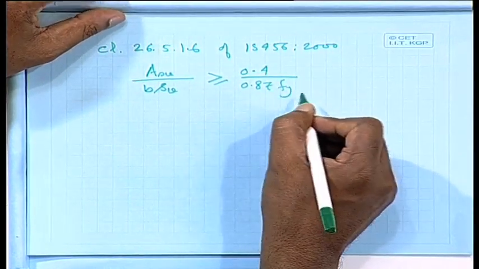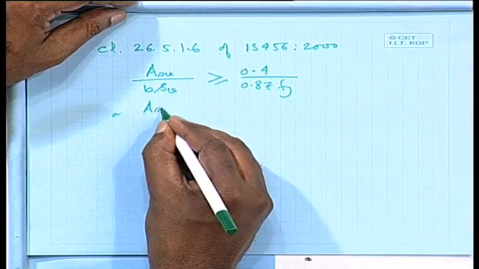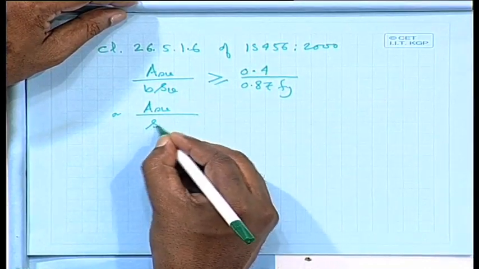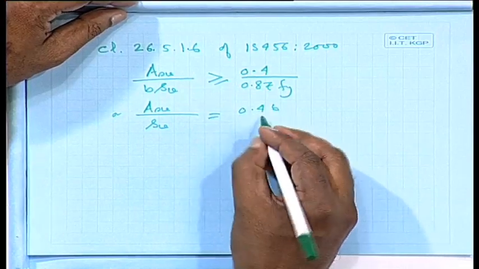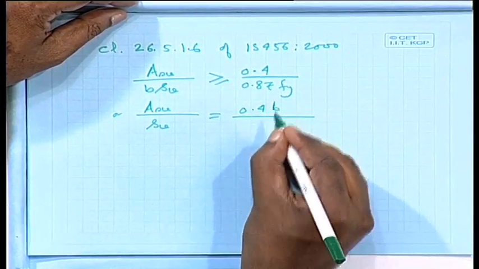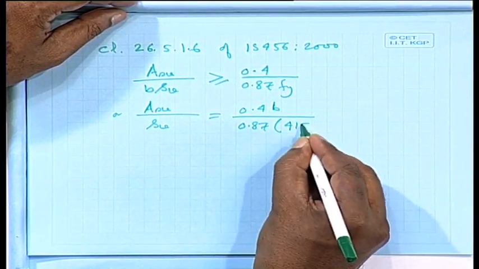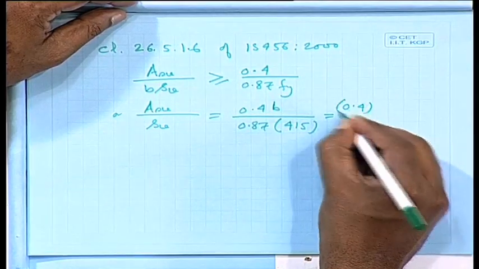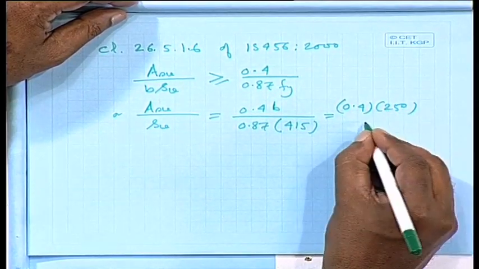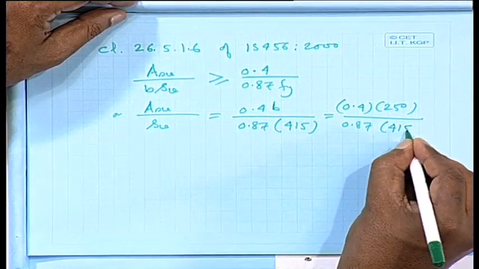We can get this value, or ASV by SV equal to 0.4 B divided by 0.87 times Fy, equals 250 times 0.4 divided by 0.87 times 415.